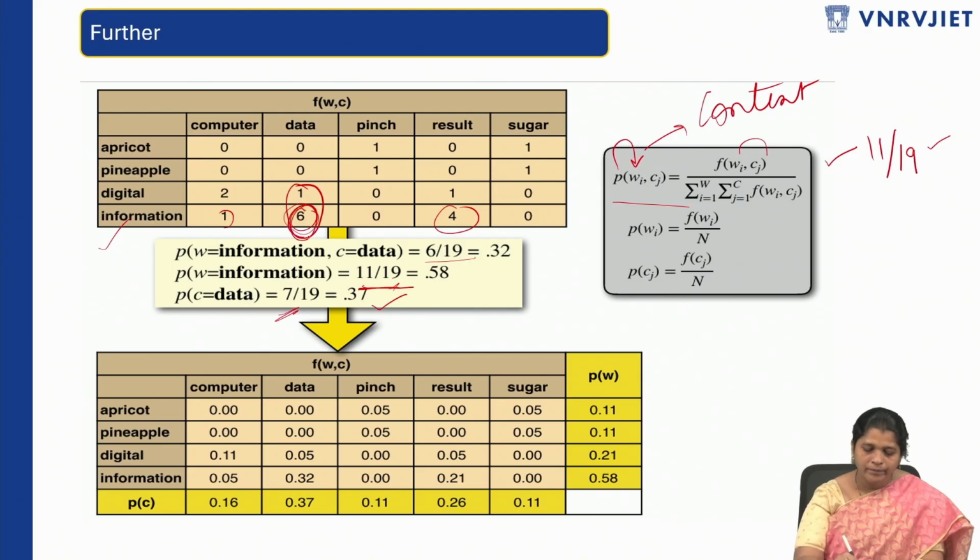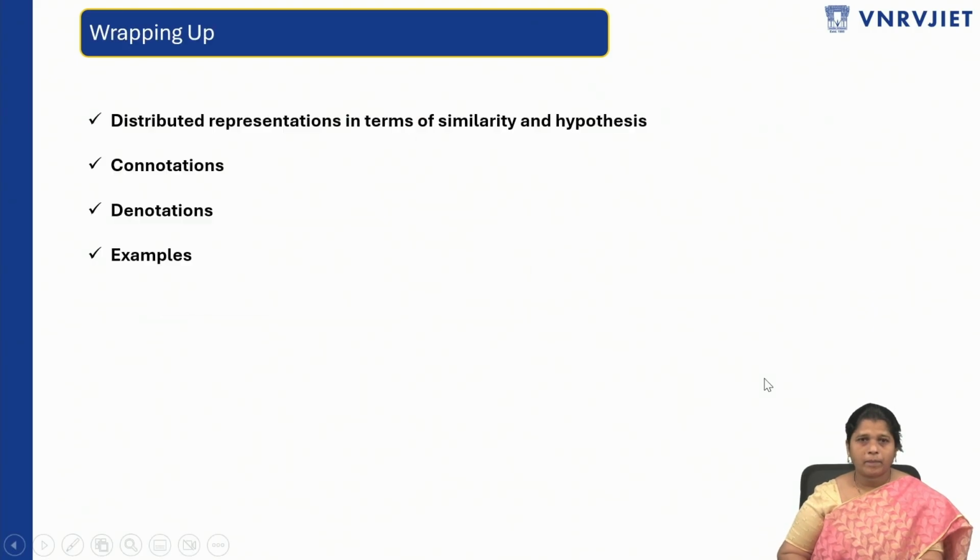So you could see this, this is the 6 by 9. Likewise, we can note down the probabilities of each word, which here is 0.58, here it is 0.32, and here it is 0.37, and then make some dense vectors, which would be helpful for our detailed NLP models, for deep learning, or for analyzing the process.